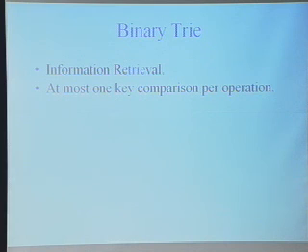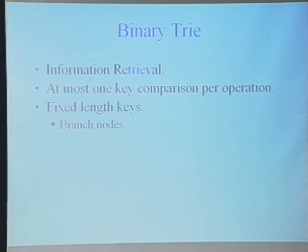The nice property about these is you can perform your operations by using at most one comparison. Again, we'll assume our keys are all of the same length, but as we'll see later, that's really not a hard requirement. We can relax that to accommodate variable length keys.